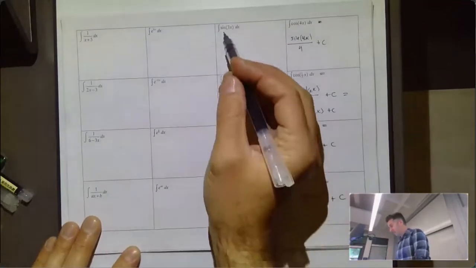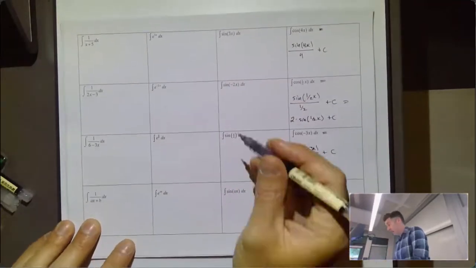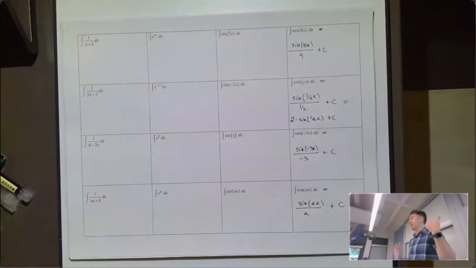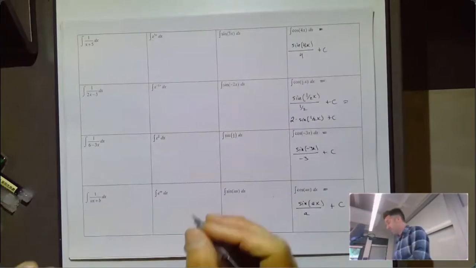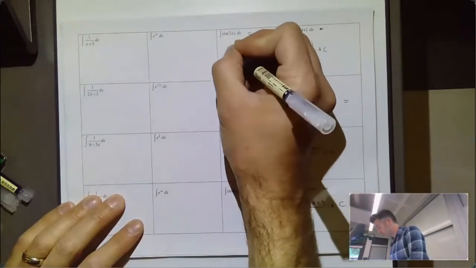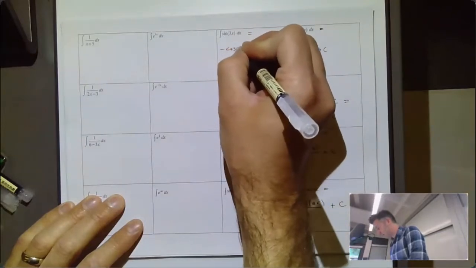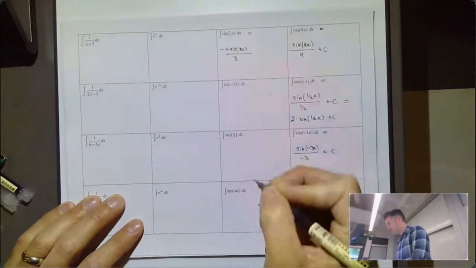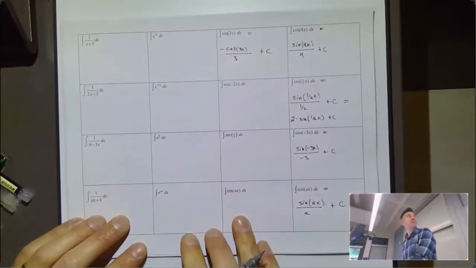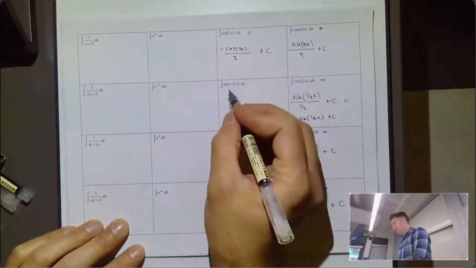So let's look at the sine ones. Same idea. The antiderivative of sine of x is negative cosine of x. So the antiderivative of sine of 3x is going to be negative cosine of 3x divided by 3 plus a constant. Same deal here.